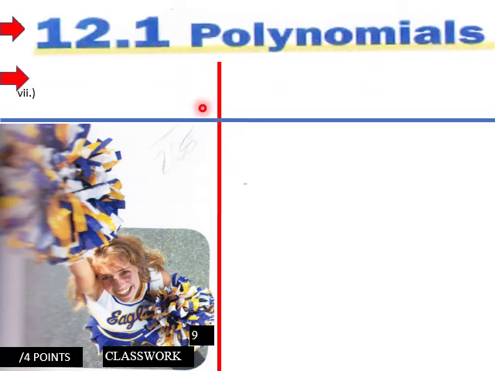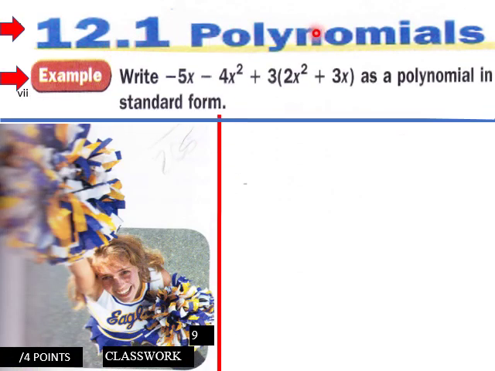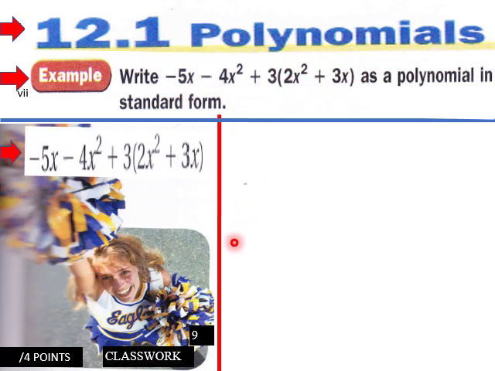Okay, so let's do a review here for 12.1, which is polynomials. Write -5x minus 4x squared plus 3 times quantity 2x squared plus 3x as a polynomial in standard form. So how would you write this complete expression here in standard form? So we have negative 5x minus 4x squared plus 3 times quantity, 2 times x squared plus 3x.